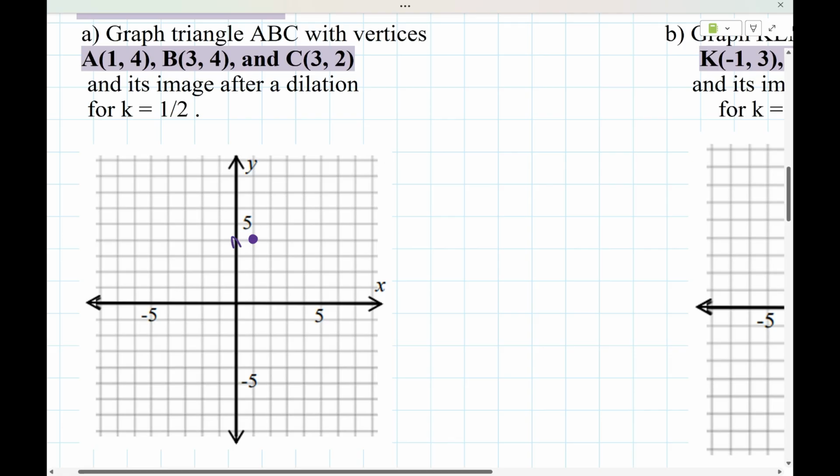Let's go ahead and graph this triangle that we have here, ABC. According to this problem, we're going to apply a dilation with a scale factor of 1/2.